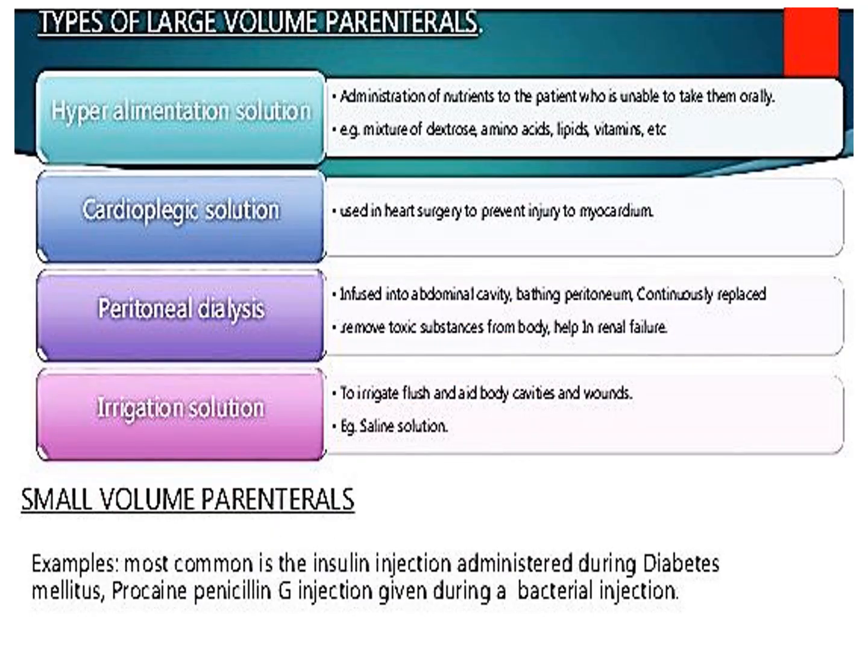Types of large volume parenterals are further categorized into four types: hyperalimentation solutions, which are administration of nutrients to a patient who is unable to take food orally; cardioplegic solutions, which are for cardiac injuries, heart injuries; and peritoneal dialysis solutions, which are used for the abdominal cavity.